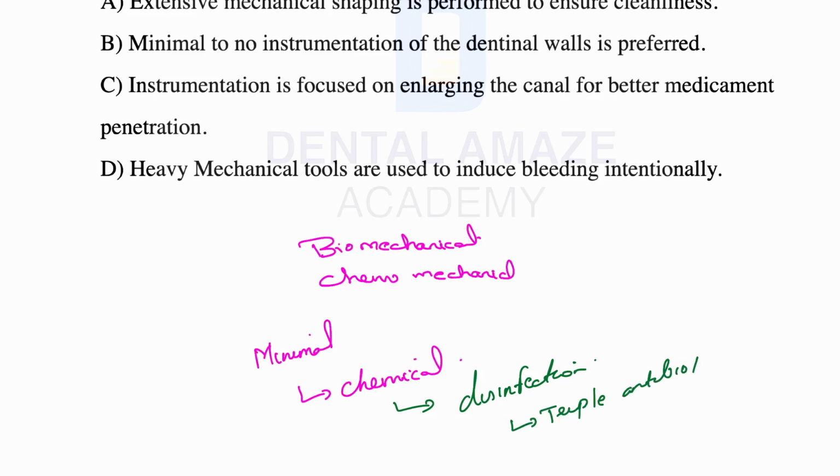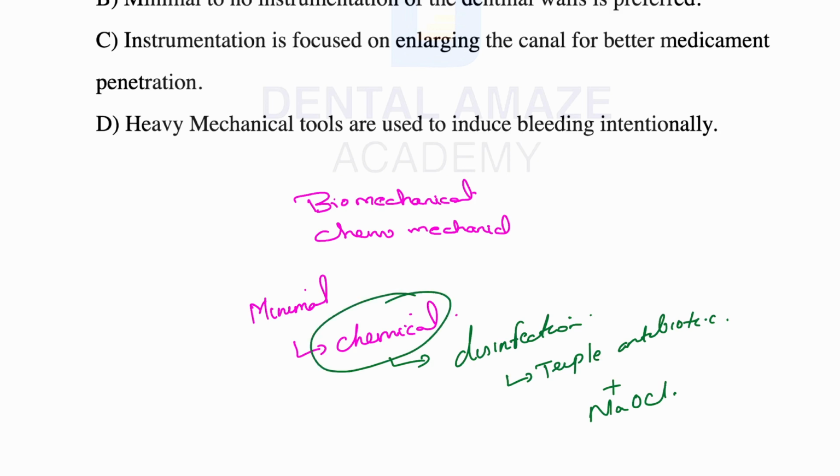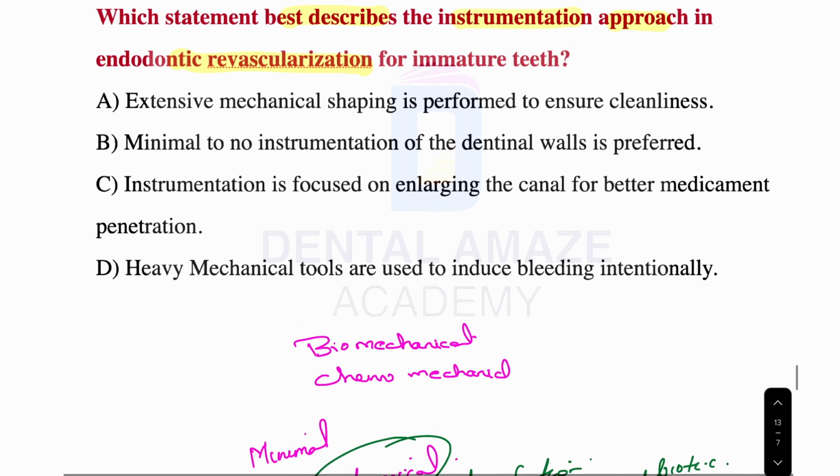Okay, triple antibiotic paste, combined with sodium hypochlorite, and this is kept in the root canal for a few days or a few weeks, and that is sufficient to produce a chemical disinfection instead of going for a biomechanical one. That's what I'm saying. So basically what we have here is minimal or no instrumentation of the dentinal walls.